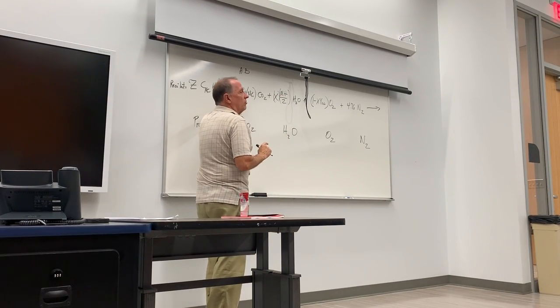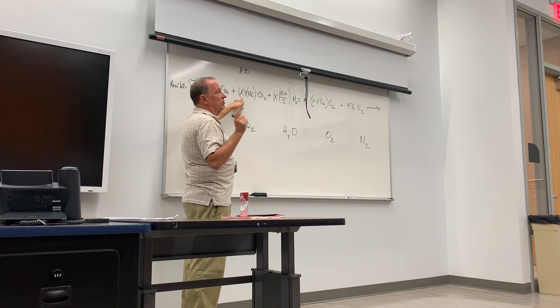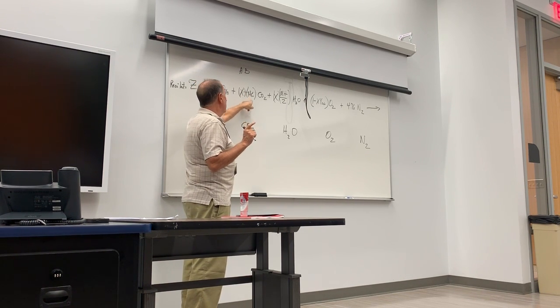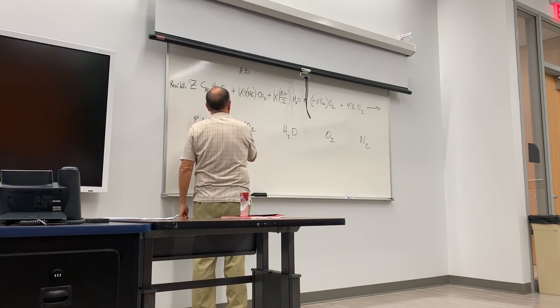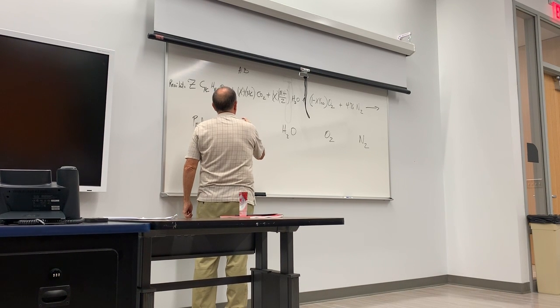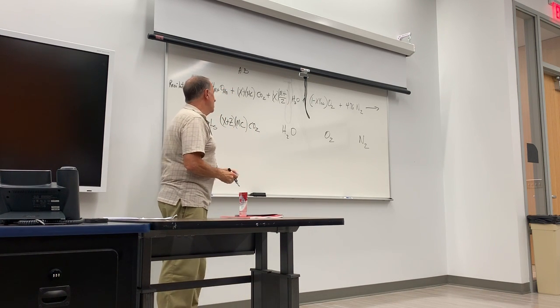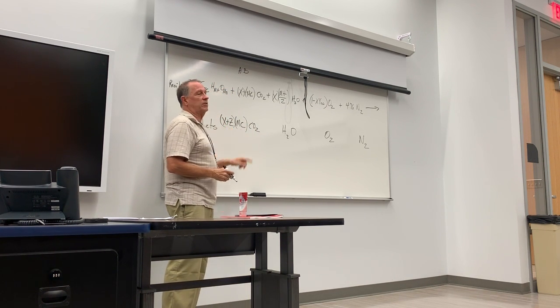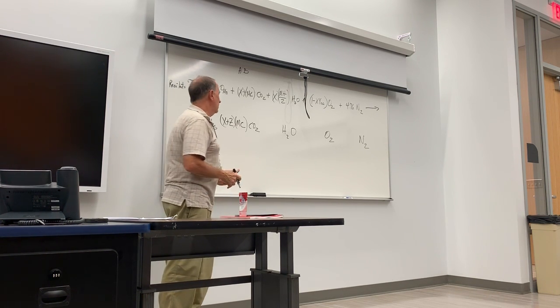If X moles of fuel in the original reaction generated X times MC moles of CO2, then what you're going to have here is X plus Z times MC moles of CO2. That'll be the effect. It's the same effect as if you originally added X plus Z moles of fuel, if that was actually how much you had.